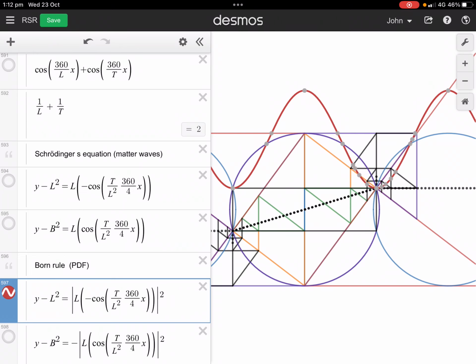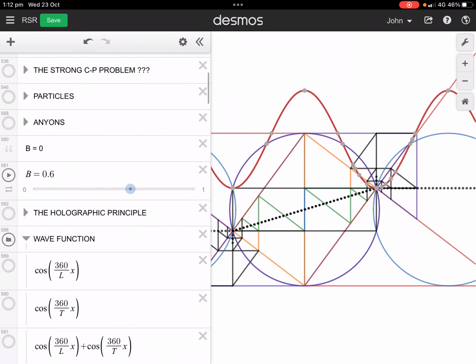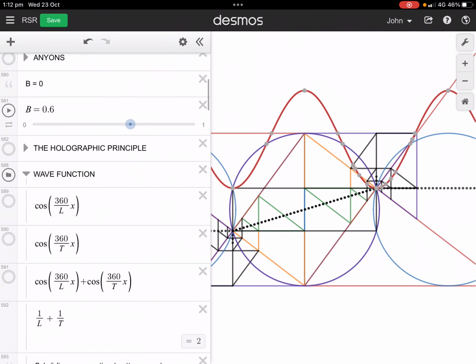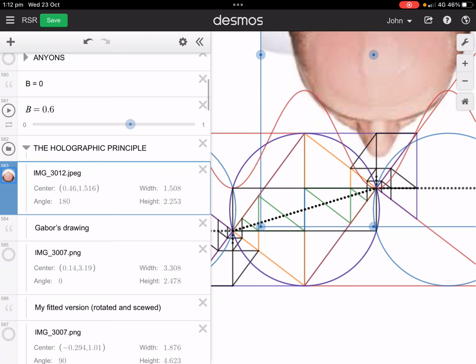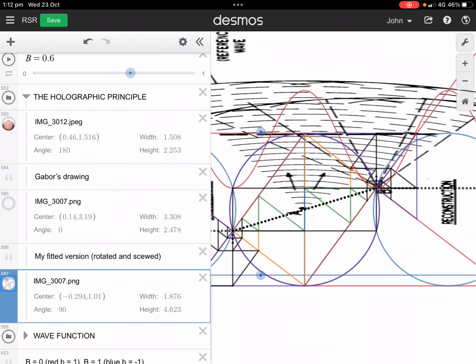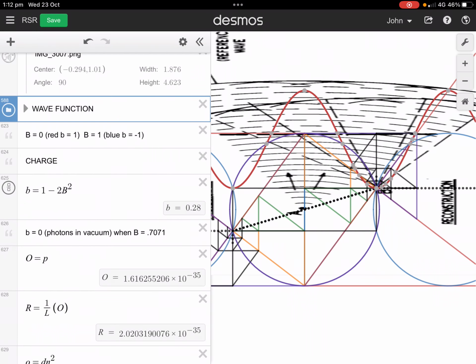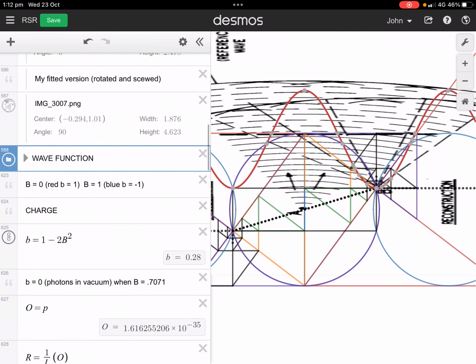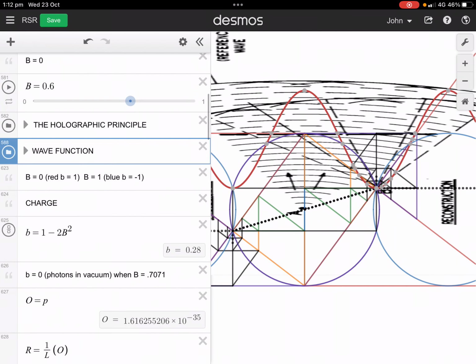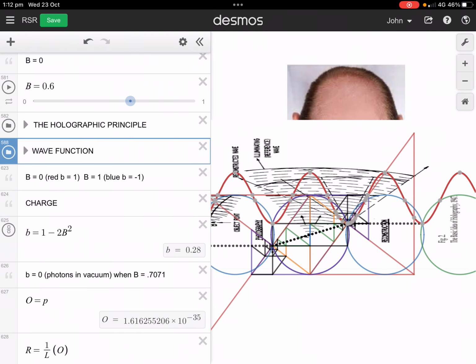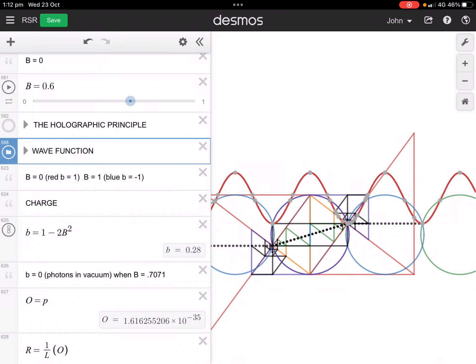You don't have to worry about the other ones, and that's why I put that guy looking like that, because he's only going to see m equals 1, which is those dashed lines going up the side of the red wave, which is a probability density function. So that all looks pretty good.